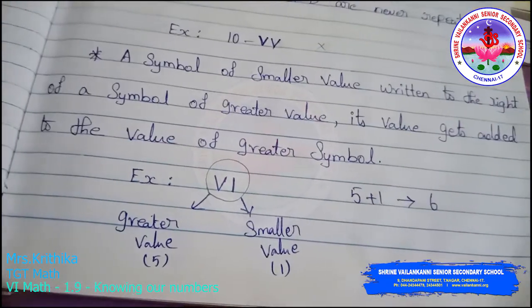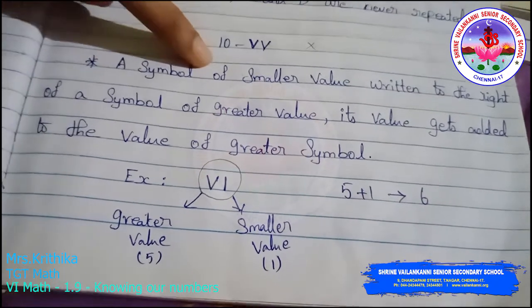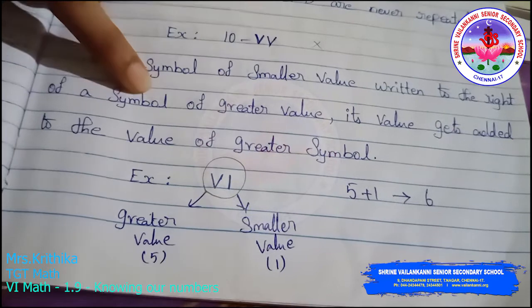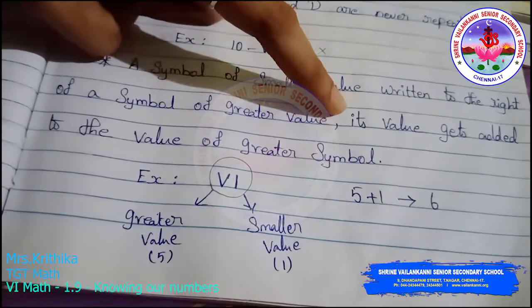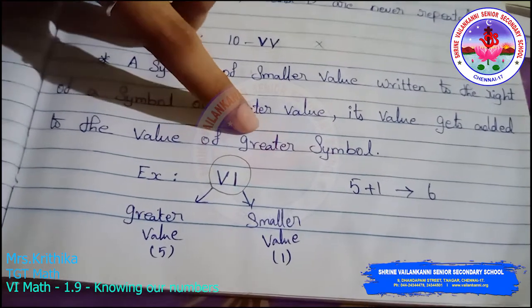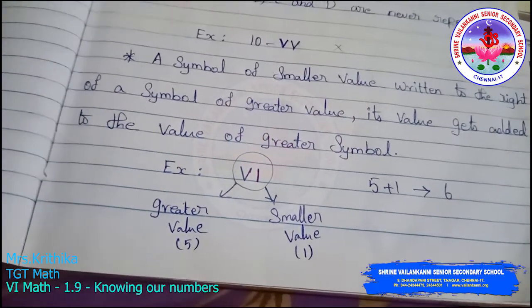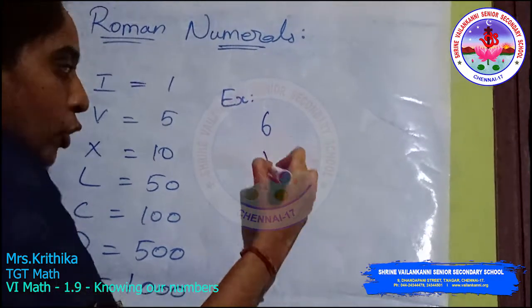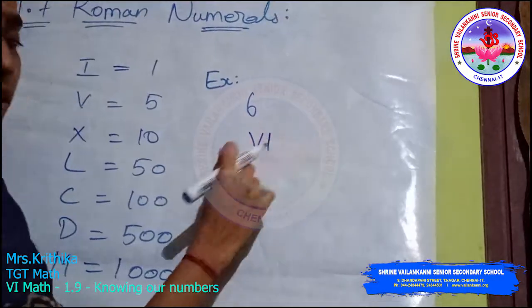Next one, if a symbol of smaller value is written to the right of a symbol of greater value, its value gets added to the value of the greater symbol. Example, 6. 6 has the Roman numeral VI.